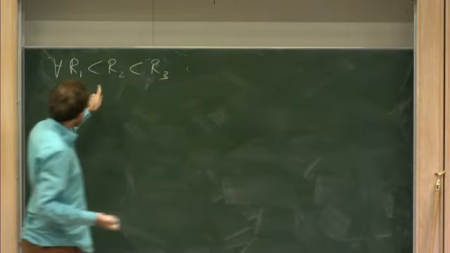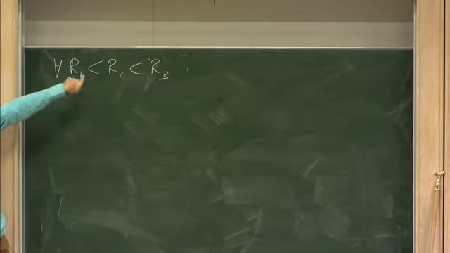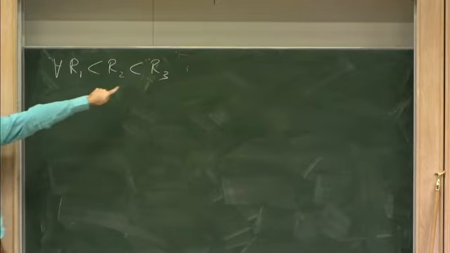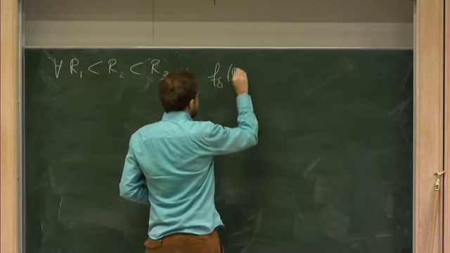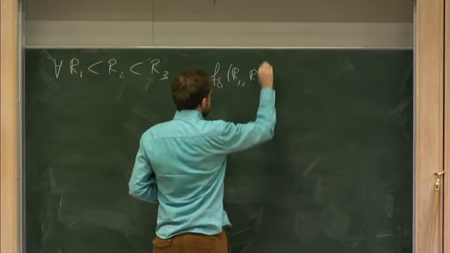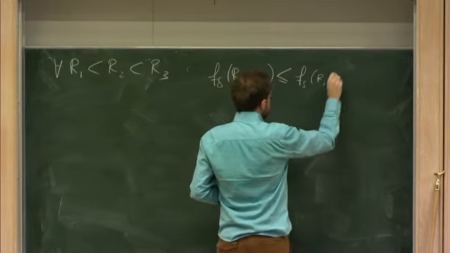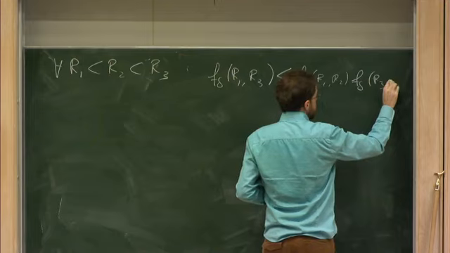On the other hand, if you cross between the small one and the big one, you have to cross between the small one and the intermediate one, and also from the intermediate one to the big one. So in terms of probability, it tells you that F delta between R1 and R3 is always less than F delta between R1 and R2 times F delta between R2 and R3.